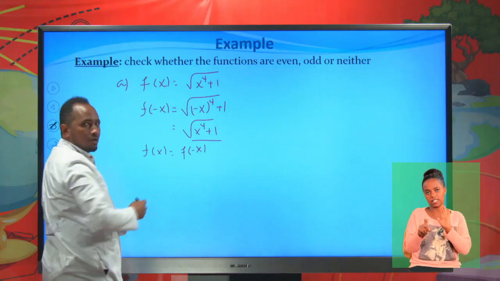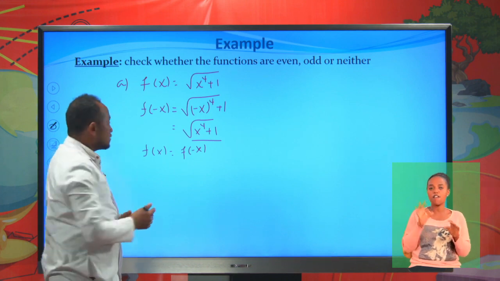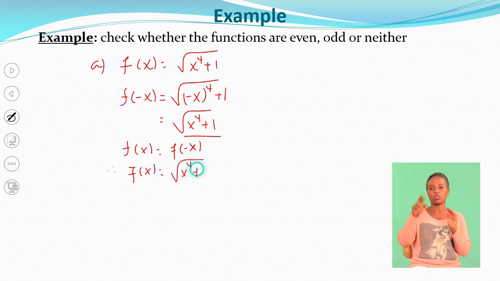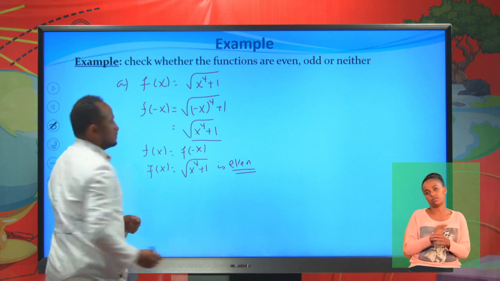If f of x and f of negative x are equal, then we call the function even. Therefore, f of x equals the square root of x to the power of 4 plus 1 is an even function.